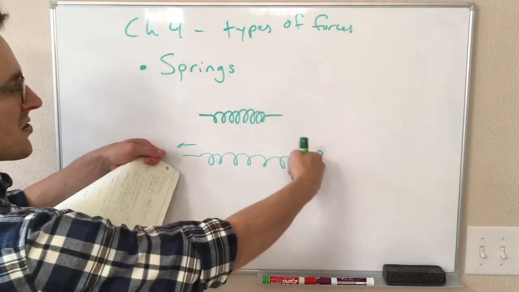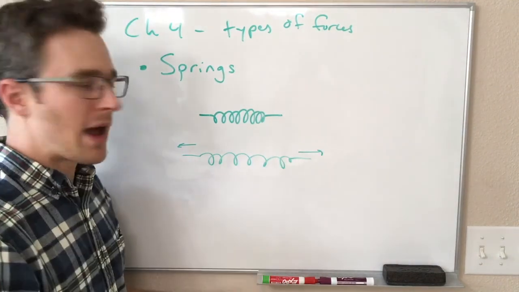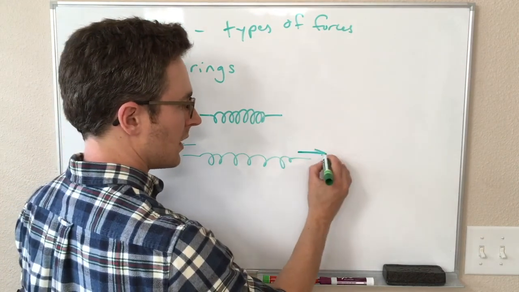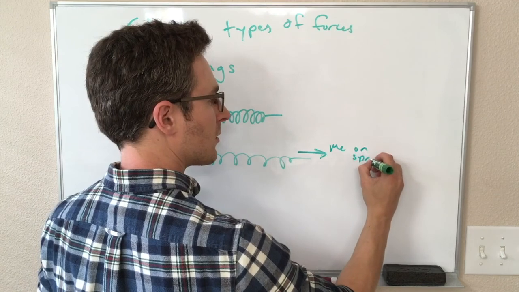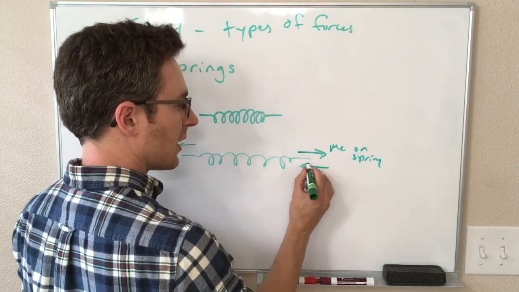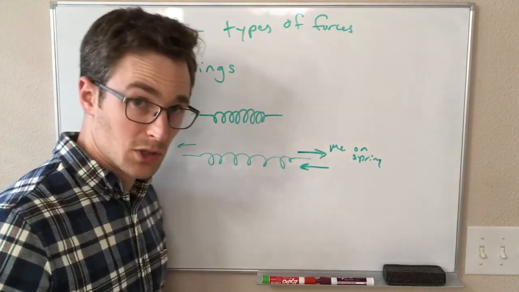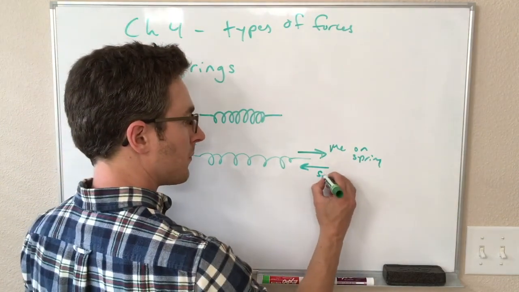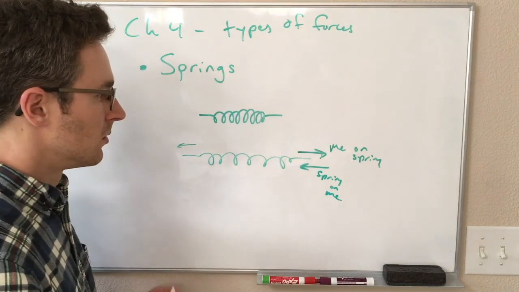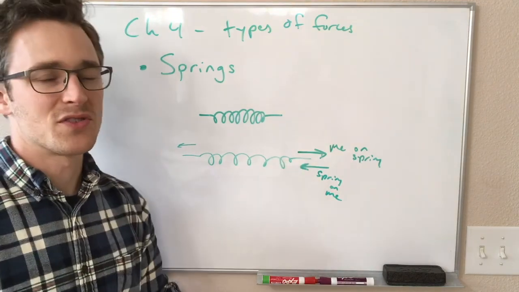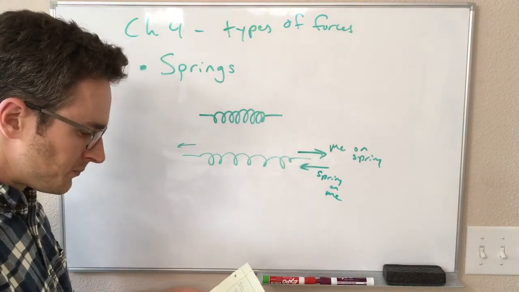And when I do this, it is pulling back on me. So this force is like me pulling on the spring, and the spring is pulling back on me. This is Newton's third law, right? So the spring always wants to oppose the force you're exerting on it.